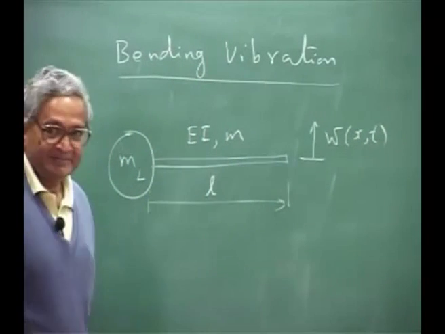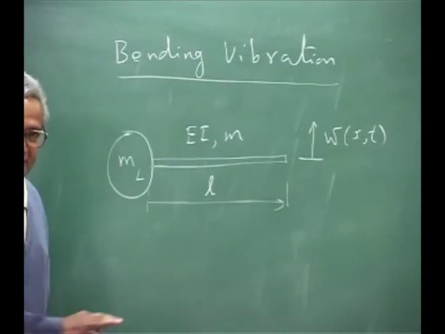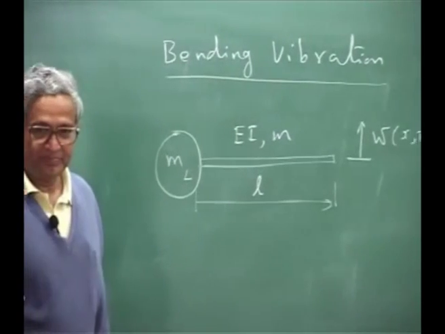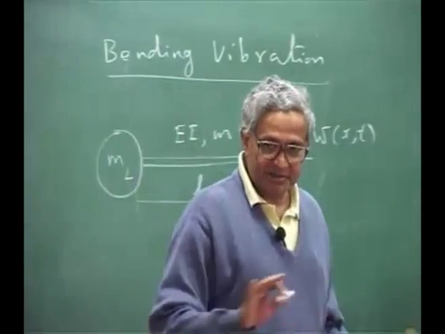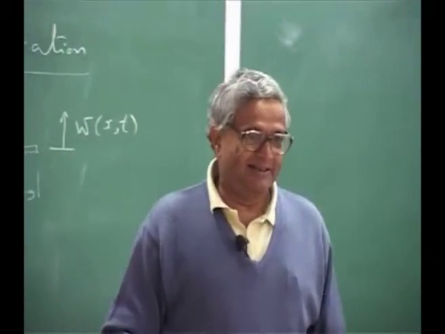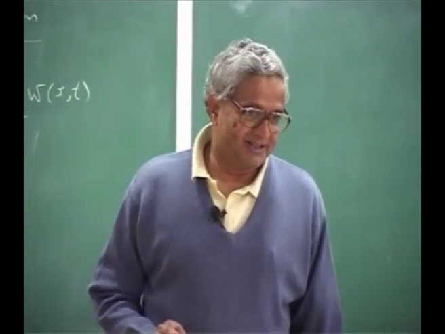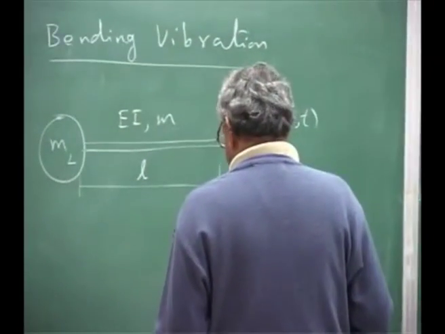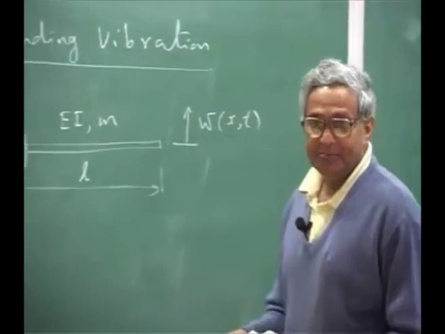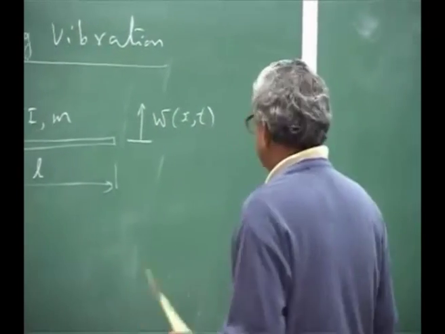And this is vibrating. We have developed the equation of motion, and then we applied the separation of variables, and we got the differential eigenvalue problem. So I will write the differential eigenvalue problem along with the boundary conditions directly.